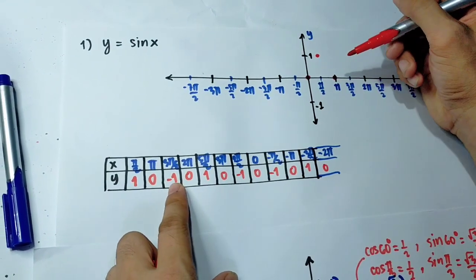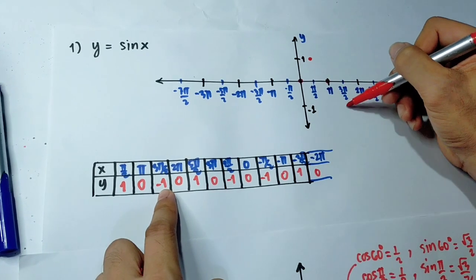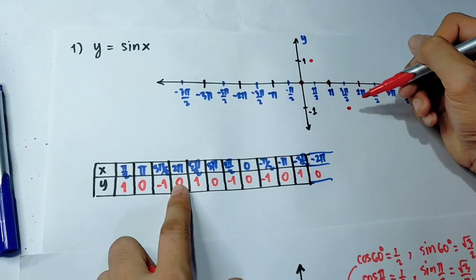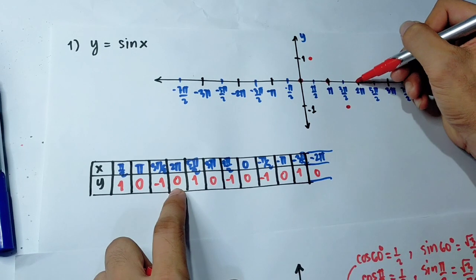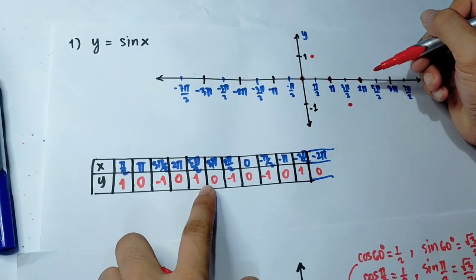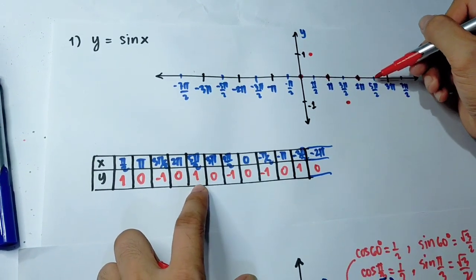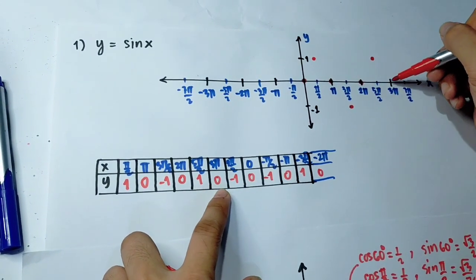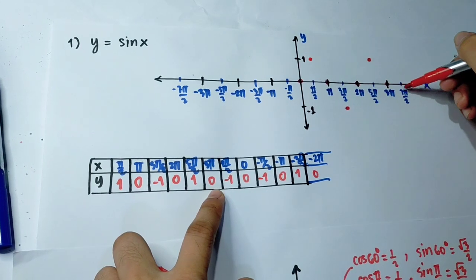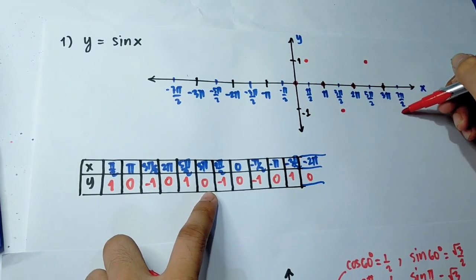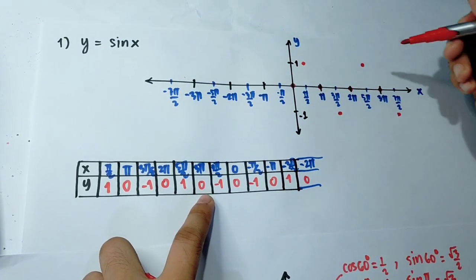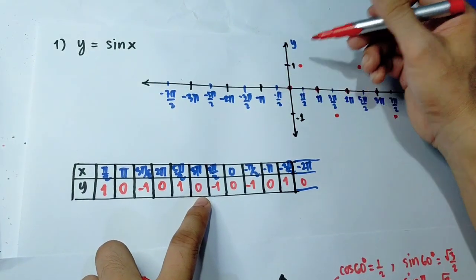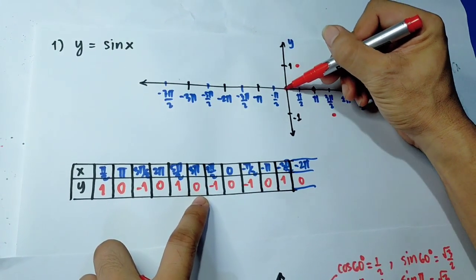When x is 3 pi over 2, our y is negative 1. When x is 2 pi, y is 0, x is 5 pi over 2, we have 1, and then 0, and then negative 1. Okay, next, we can now plot the curve like this.